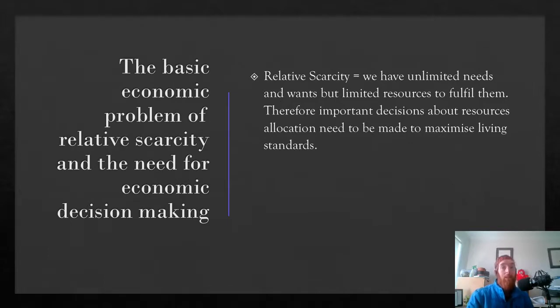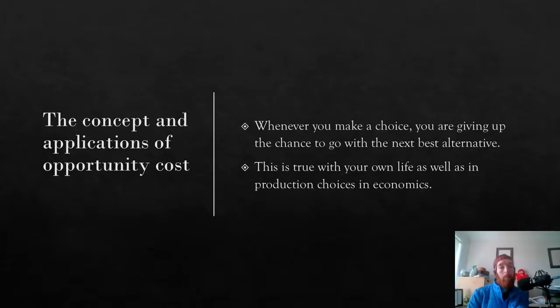So some decisions need to be made about the production that needs to be done to maximize our living standards, and that's relative scarcity. Relative scarcity is deciding how to allocate our resources to maximize achieving everyone's needs and wants to the best of our ability, while also maximizing their living standards.